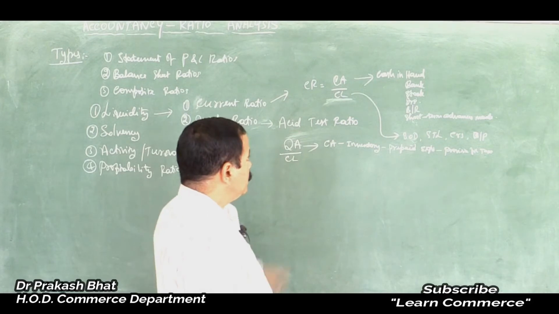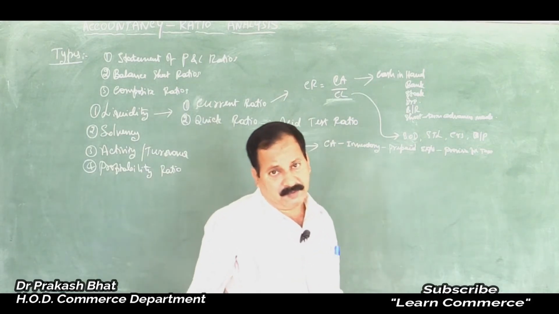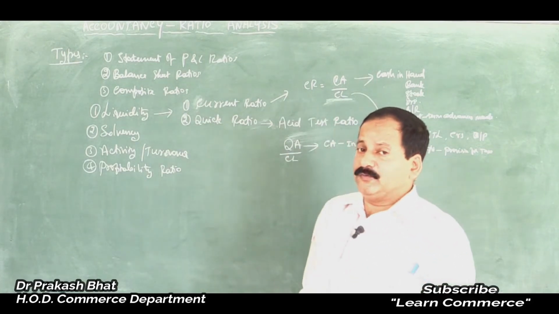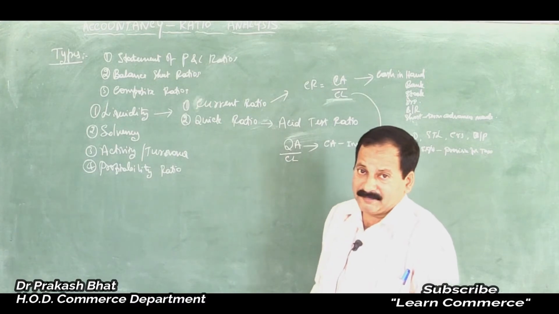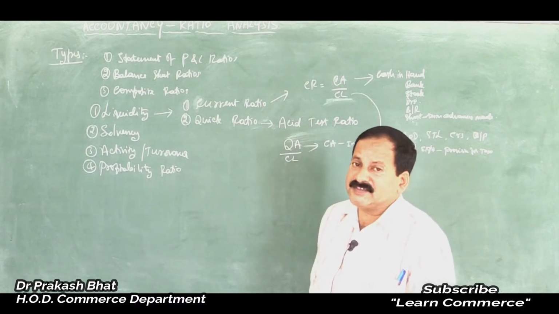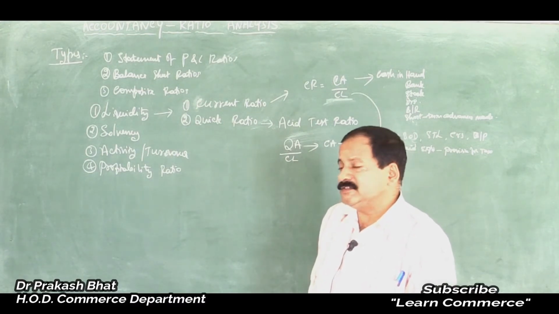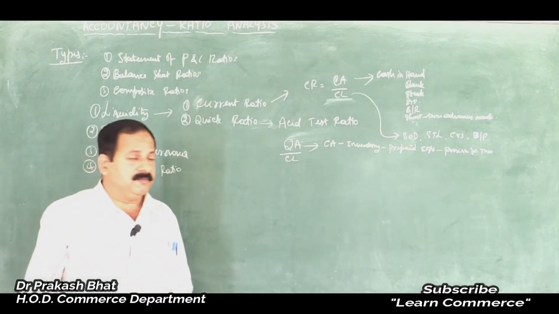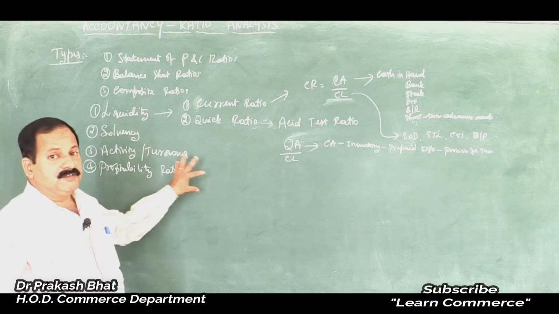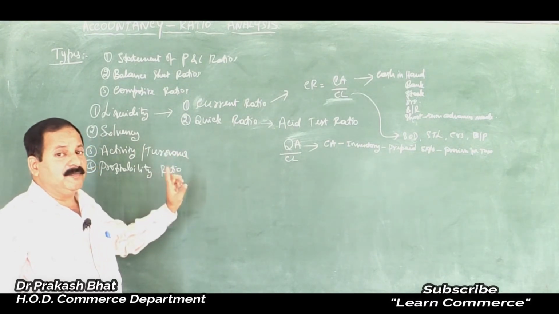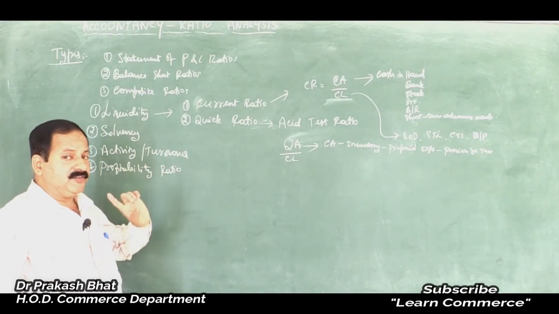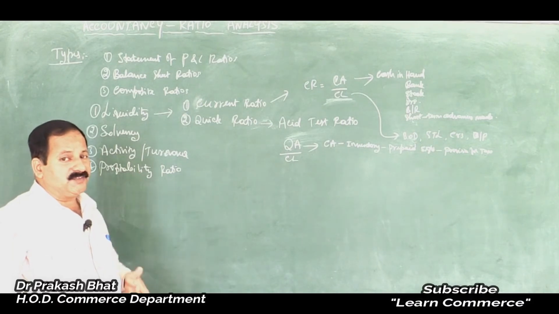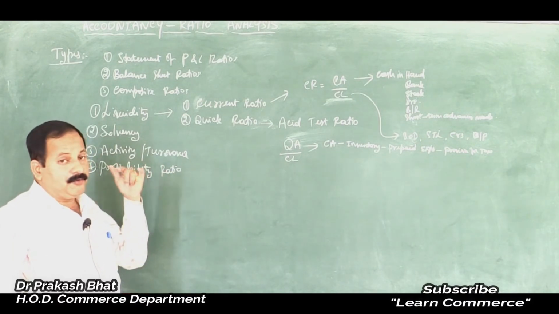As I already told you, we'll solve some problems on this, because you will get a 6 marks problem in the board exam. They will give some figures and ask you to solve a problem. As per the old syllabus, from ratio analysis you will get a 6 marks problem, 2 marks theory, 1 mark theory, and a 12 marks problem.